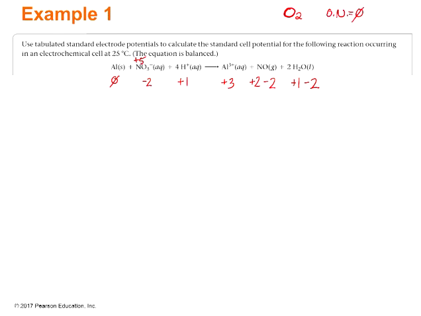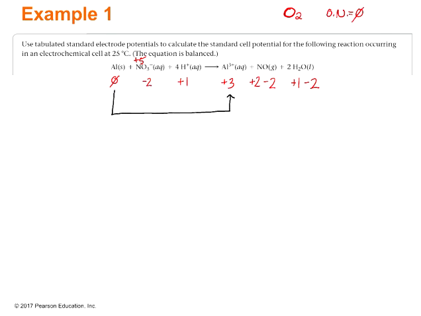All right, so let's figure out what is oxidized and what is reduced. So on the left-hand side, we have aluminum with an oxidation number of 0. And then in the products, it has an oxidation number of +3. So is aluminum losing or gaining electrons? It's losing electrons.